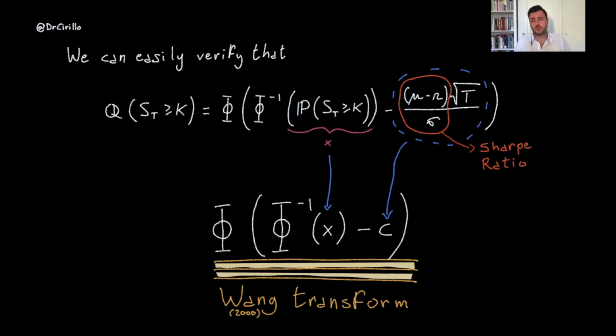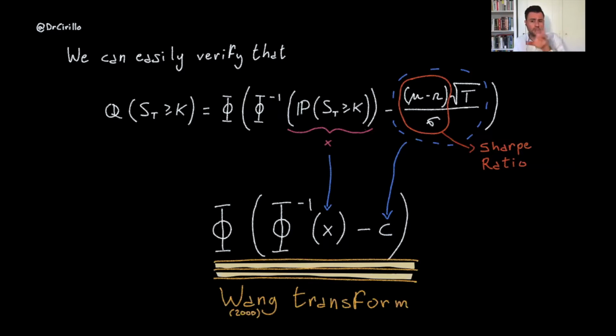It's a Wang transform that, in particular, if you remember what I told you last time, is convex. It's convex because we are considering as argument of our CDF of the standard normal the quantile phi that represents the part that inherits the probability, minus C. And C is that term that includes the Sharpe ratio.